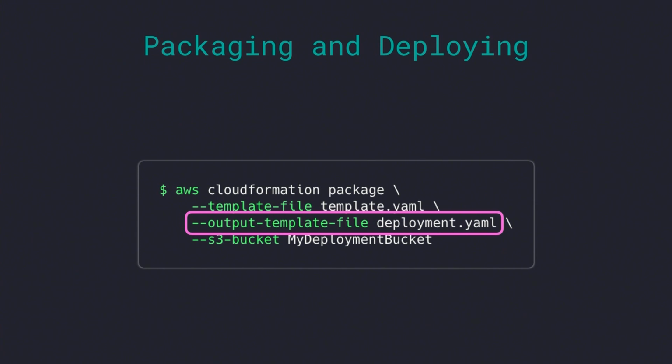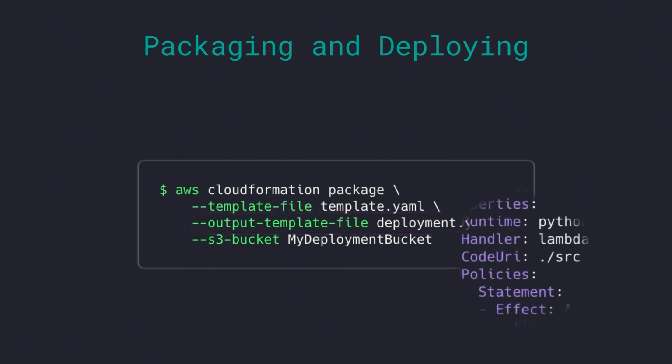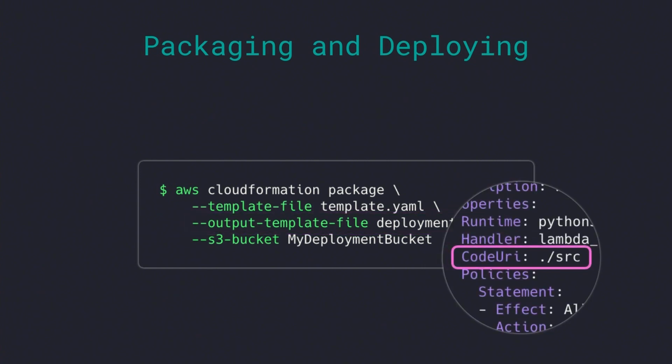So what's going to happen here is during our package step, when it's going through our template and packaging up all those applications, it's going to be uploading them to S3, and then the locations of those artifacts in S3, it's actually going to inject those into the template and then spit out a new one that's ready to go in CloudFormation. So our source URI key that said the directory to where our code was will become replaced with an S3 address by this process.